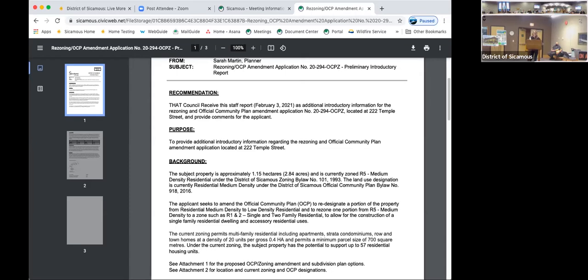The applicant has submitted 3 new proposals based on feedback received from their delegation to the CAL on January 27th, 2021. So here's proposal 1. Note that there's a panhandle access for the blue parcel. So here's proposal 2, which doesn't include a panhandle.